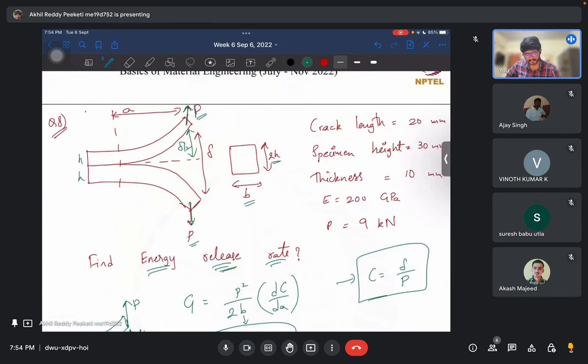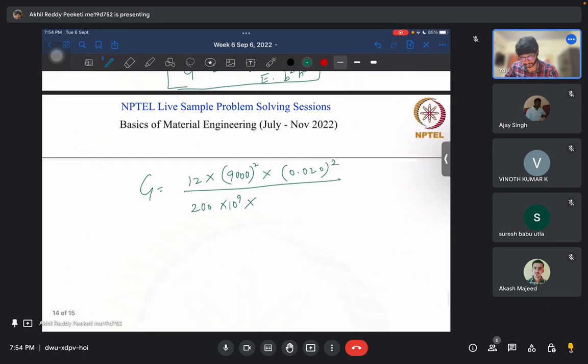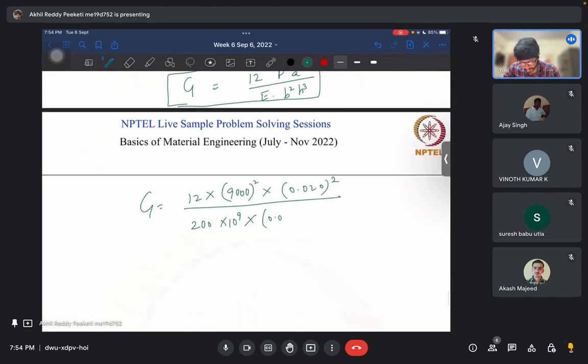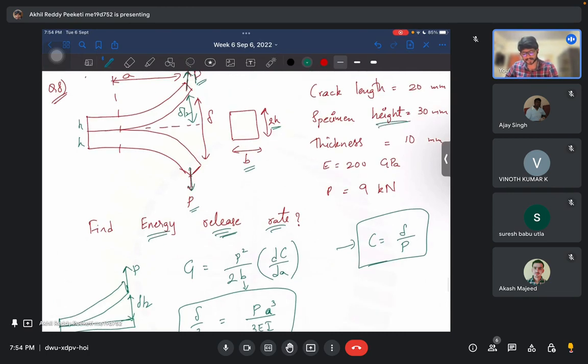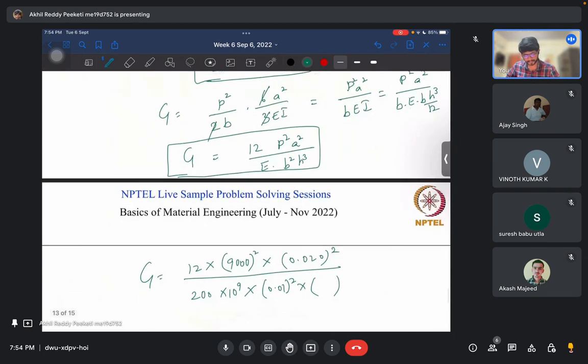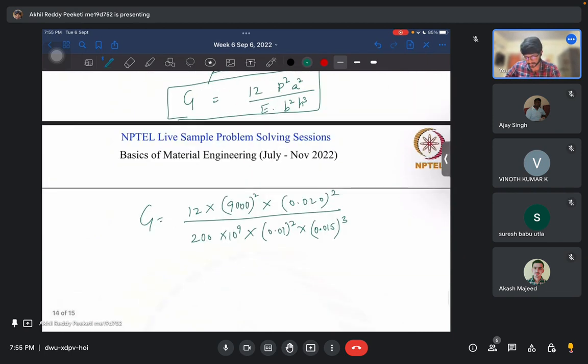So B is given as 10 mm, so 0.01 whole square, into h cube. Here the total thickness is 30 mm, so h is actually 15 mm. Okay, so 0.015 whole cube.